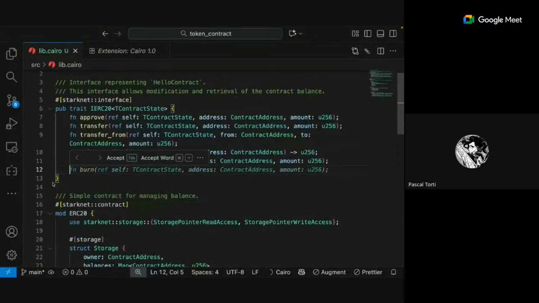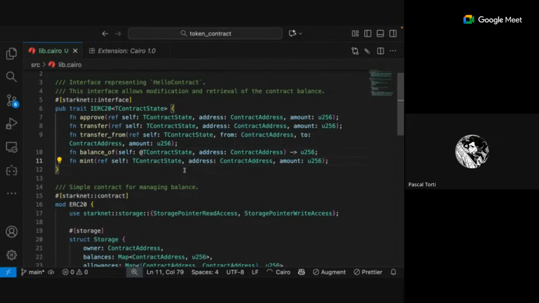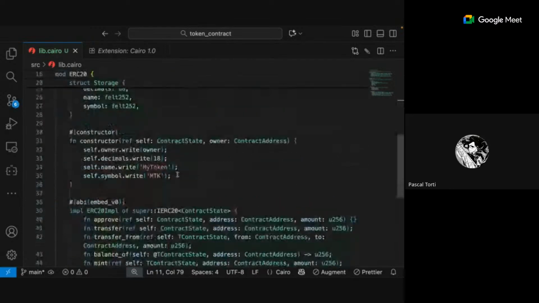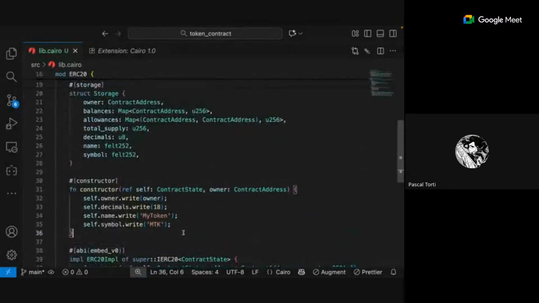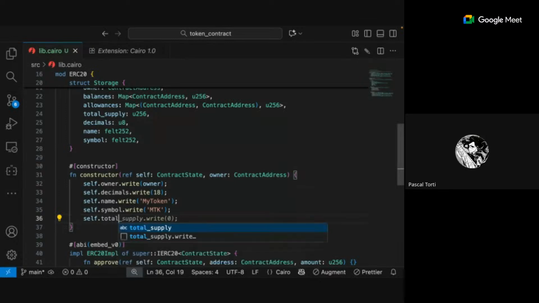I'm burning now. Burning is to burn, to make the token disappear from circulation. So we won't be using that for now. Anyways, we have initialized our token here. And we might want to be generous and mint this owner some amount of tokens. So let's say the total supply is self.total_supply.